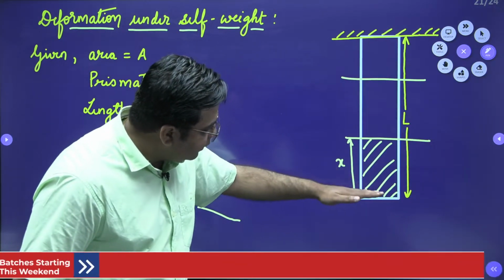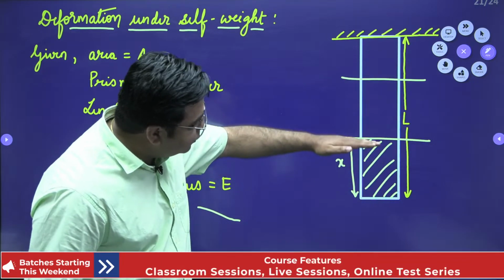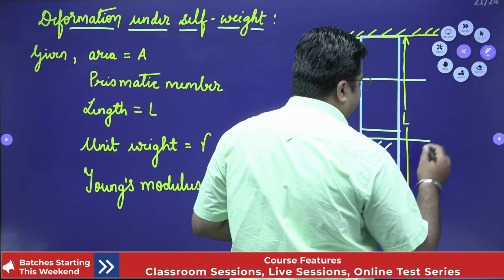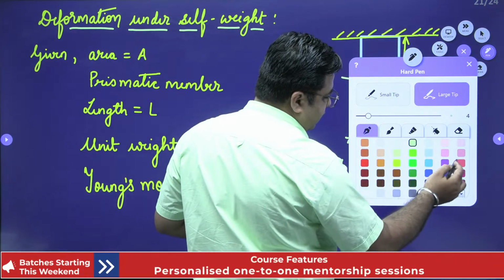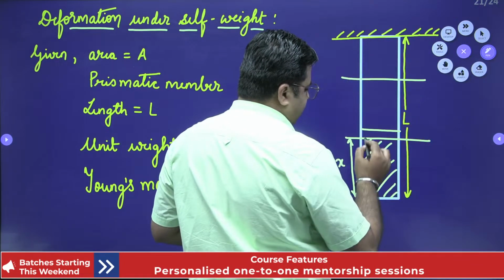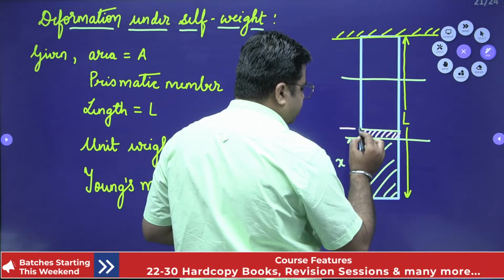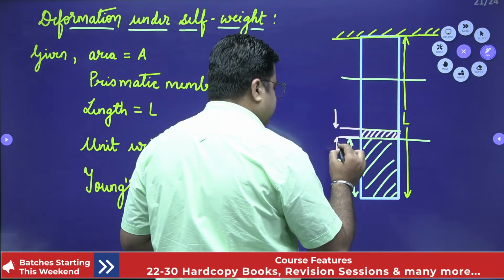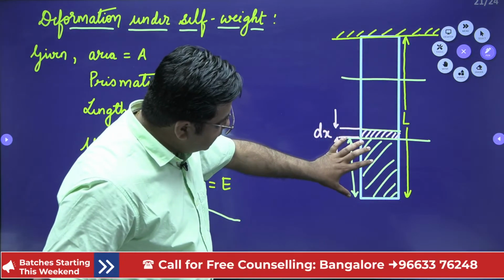But when you move by some distance x, you consider this section having the length of dx, at some distance x.